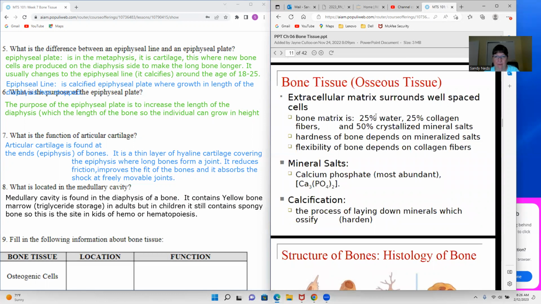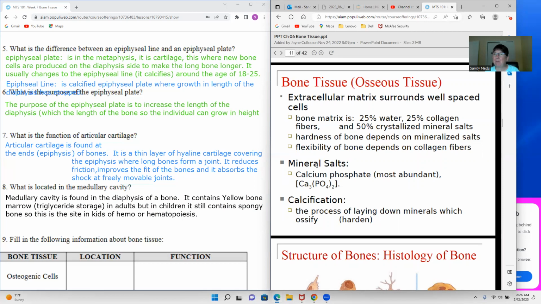But that is, they're not like the skeleton that we see after the water has drained out. 20%, 25% collagen fibers. Remember, collagen fibers are the steel girders that have some flexibility, and 50% mineral salts. That's what makes it hard, those mineral salts. And the most abundant type of mineral salt is calcium phosphate.